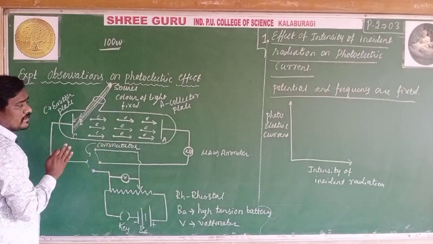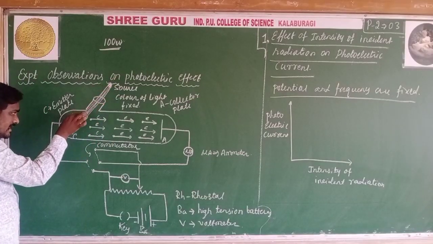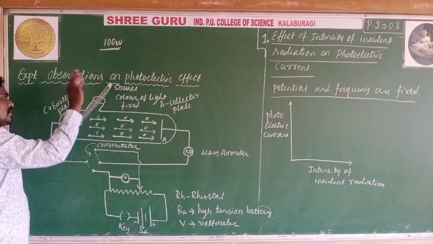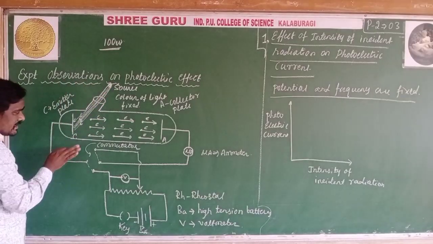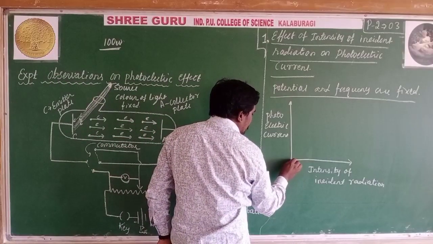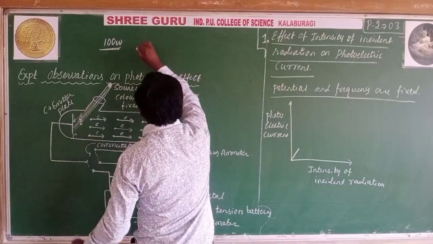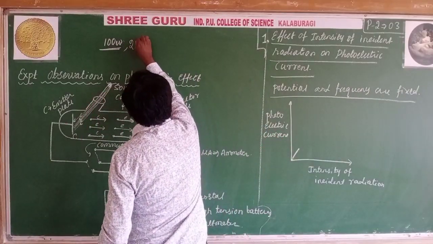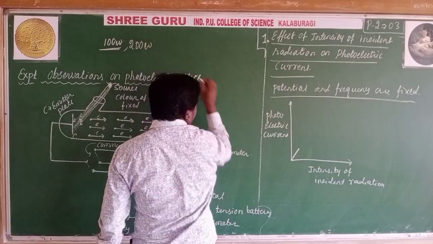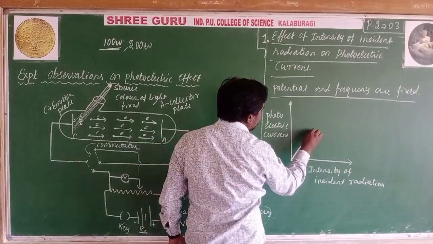The photoelectric current also increases due to this intensity of light causing emission of electrons. If the intensity increases again, from 100 to 200 watt, the photocurrent also increases.